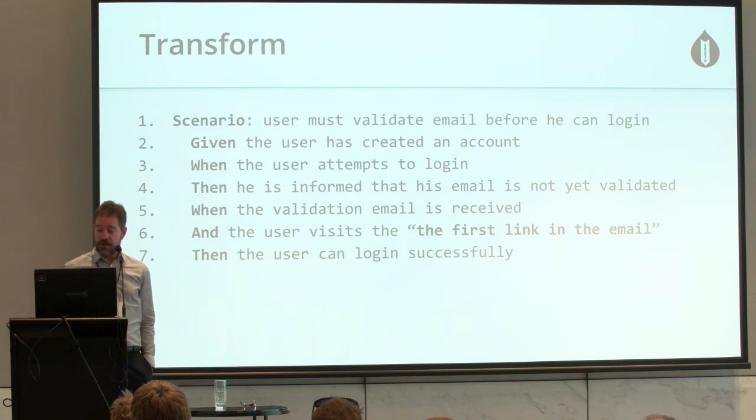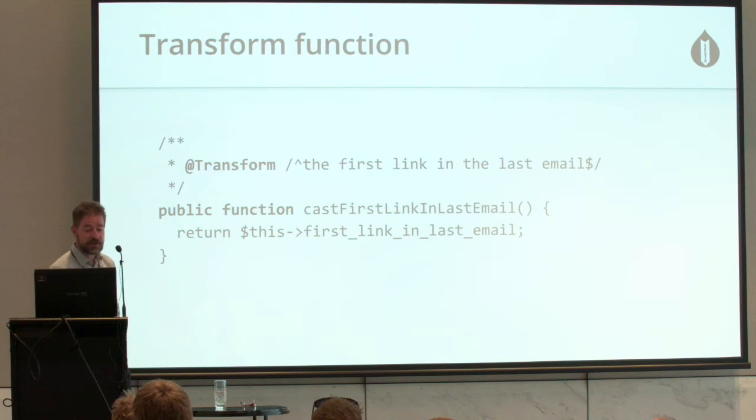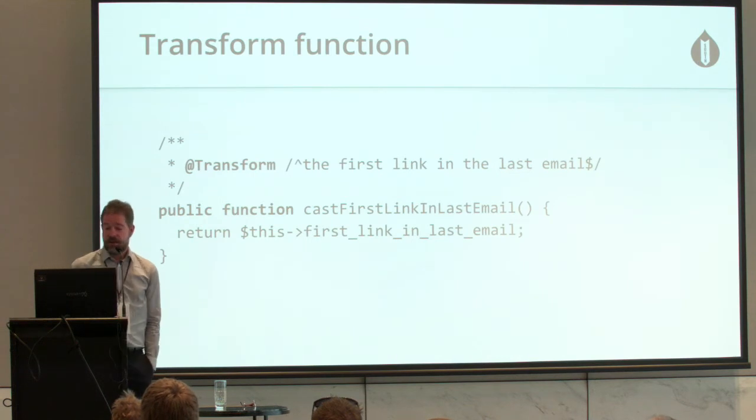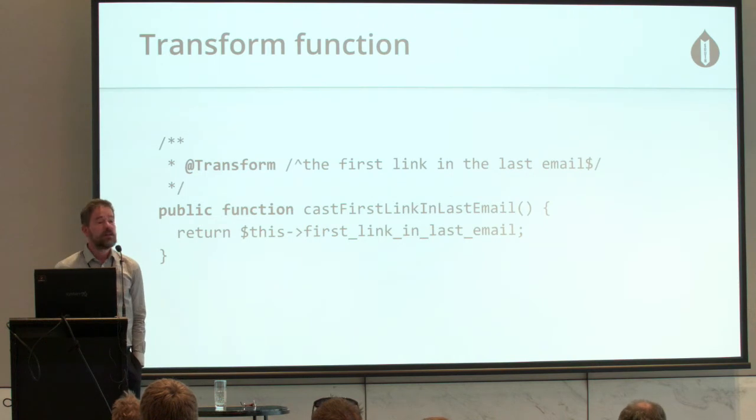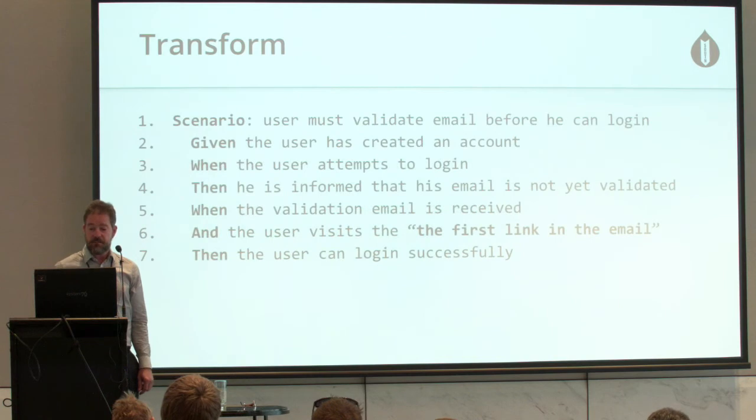That's where you use a feature of Behat. It's called transform. The transform function starts with a particular keyword and then some kind of regular expression. The first link in the last email, which exactly matches a piece of text between quotes and some kind of input to the system.